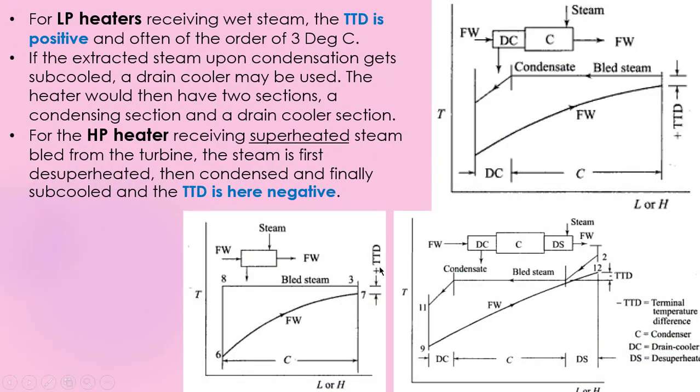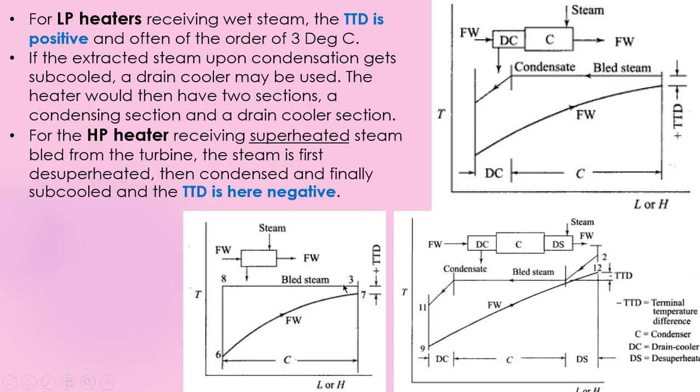These curves are the temperatures versus length of the heaters. For LP heaters, the steam is wet, and from this curve you can see the feed water temperature increase from inlet to outlet, and this is the bleed steam, meaning the extraction steam of the LP turbine, and this is the saturation temperature.